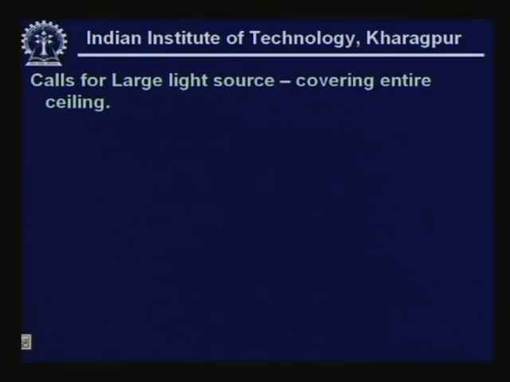Now, all this says that in fact general lighting would call for large light sources which cover the entire ceiling. In fact, in many offices we do find large luminaires are used, in which a number of fluorescent lamps are placed.